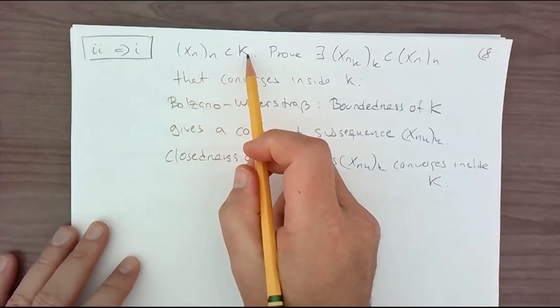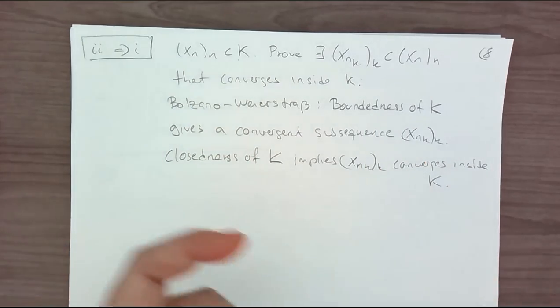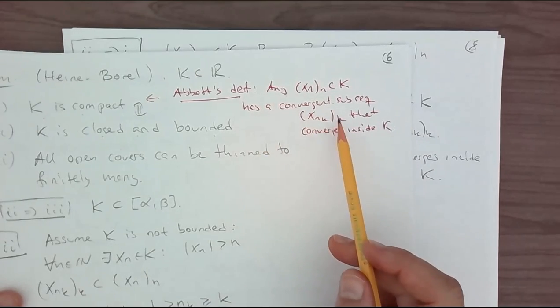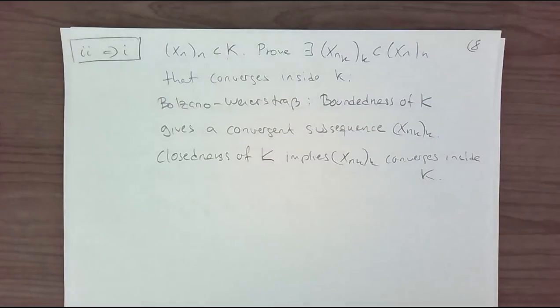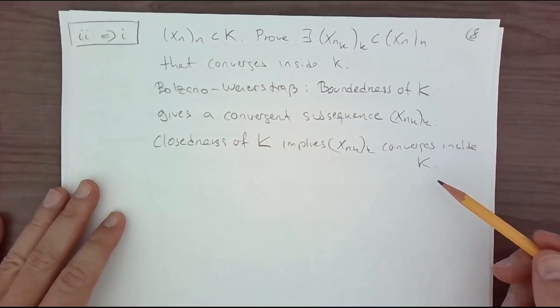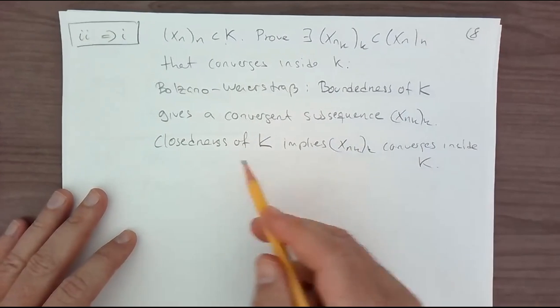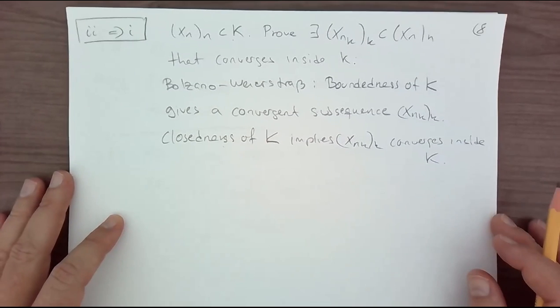But the requirement in the definition is that it is not enough for it to converge; it has to converge inside K. We have to make sure that the limit of the sequence is an element of the set, but that's true because of the assumption that the original set was closed.